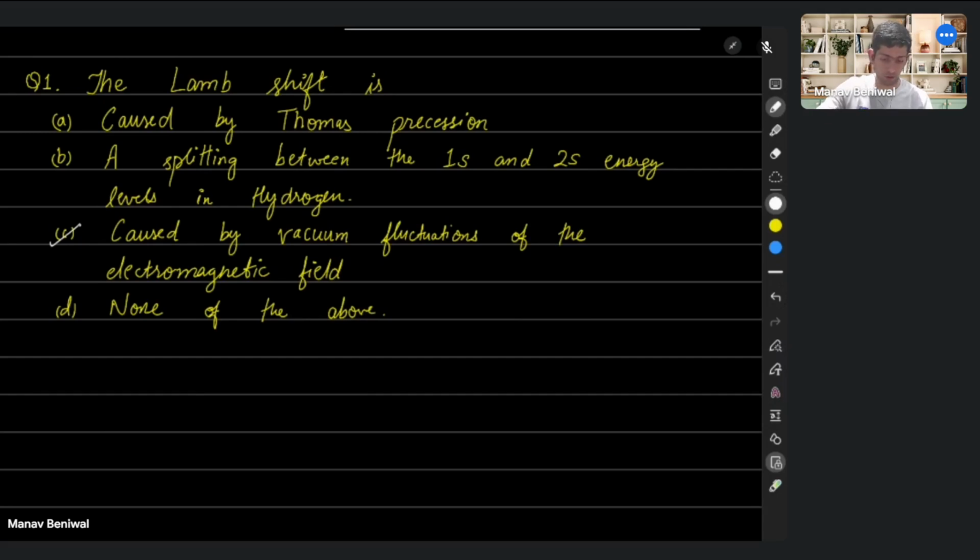Okay. So this Lamb shift is an anomalous difference in energy between two electron orbitals in a hydrogen atom. So we get differing energies for the 2s1/2 and 2p1/2 orbitals of the hydrogen atom.